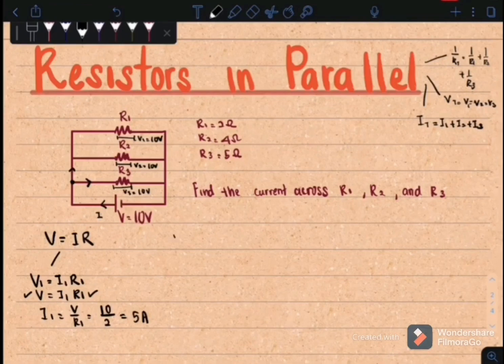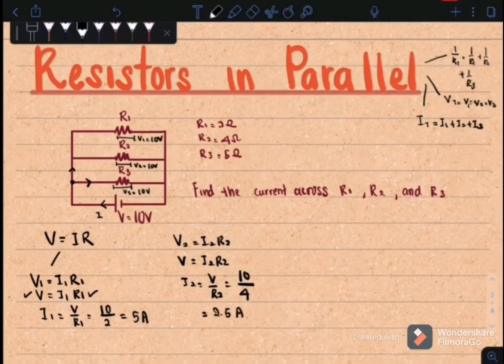I'm going to use the same equation for resistor 2 to find the current across resistor 2. So V2 is equal to I2 R2, so V is equal to I2 R2. So now I2 is V over R2, where V is 10 divided by R2, which is 4 ohm. So I'll get my I2 as 2.5 ampere.